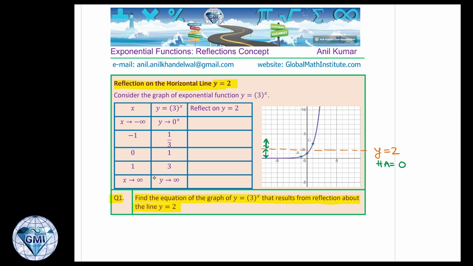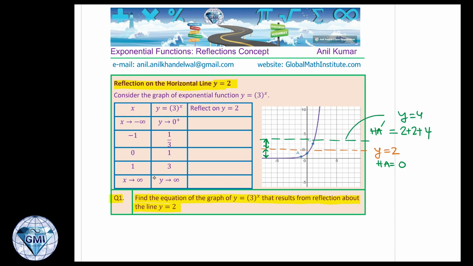So clearly the horizontal asymptote now will be at y equals 4. Do you get it? So we have the new horizontal asymptote. Let me say horizontal asymptote prime will be now at 2 plus 2, which is 4. So at y equals 4. Is that clear to you?